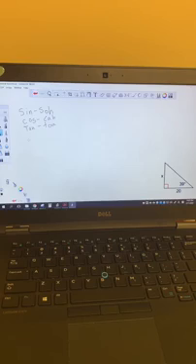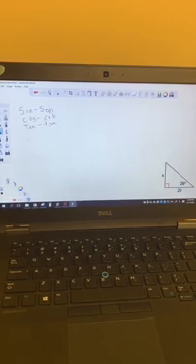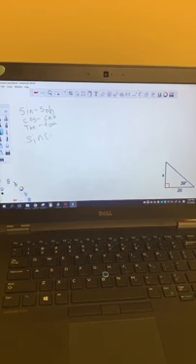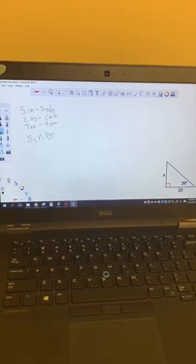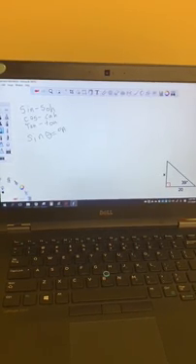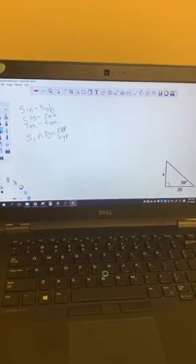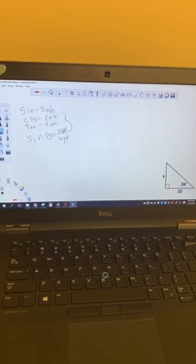Okay. Now the definitions. So sine is the ratio opposite over hypotenuse, as we can see over here.